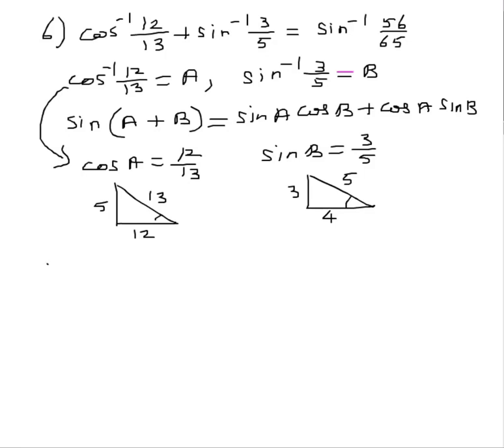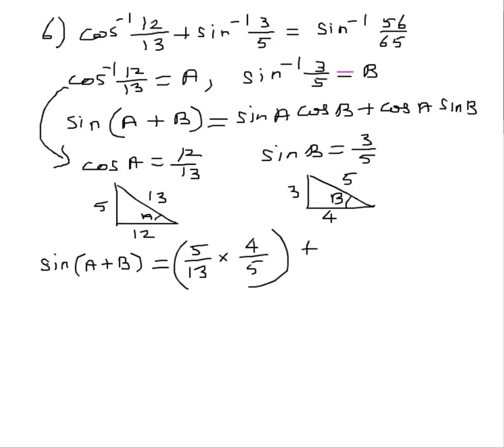Now sin of A plus B is equal to sin A. From this triangle, sin A is 5 by 13, opposite by hypotenuse. Cos B from this triangle. For B you have to refer the second triangle. Cos B is adjacent side by hypotenuse, plus cos A. Again first triangle.